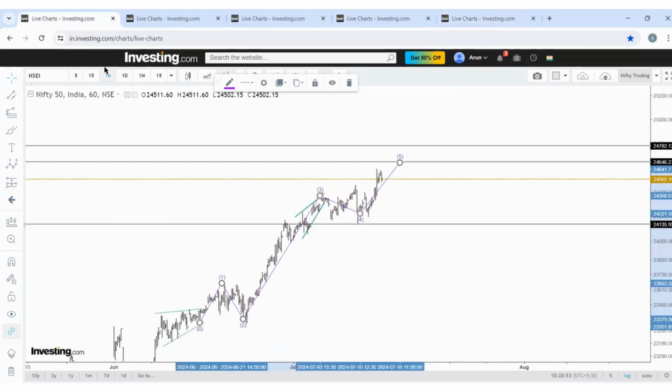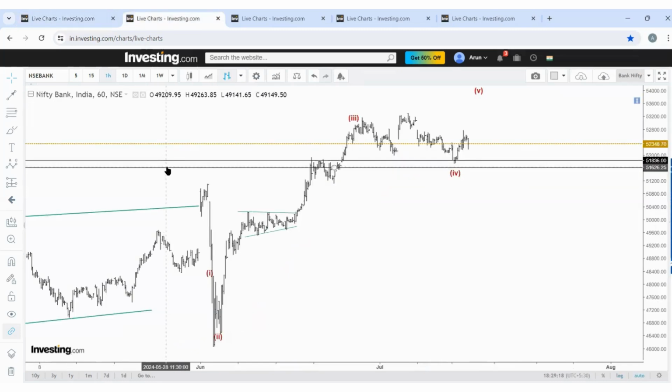All points together, Nifty is the center point here. I decide on the other indices based on Nifty. So Nifty is approaching an important resistance at 24,650, if not 24,750 to 780. If Nifty does not move higher, it may drag other indices also.